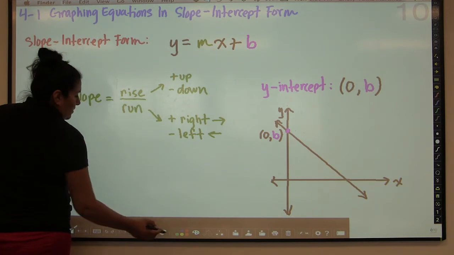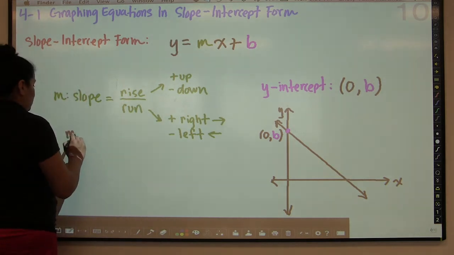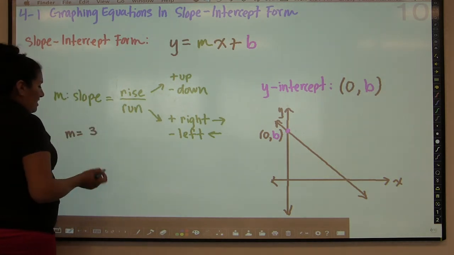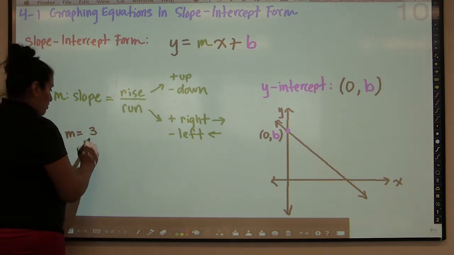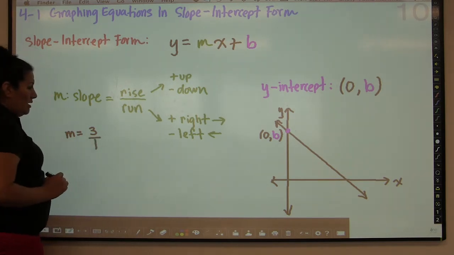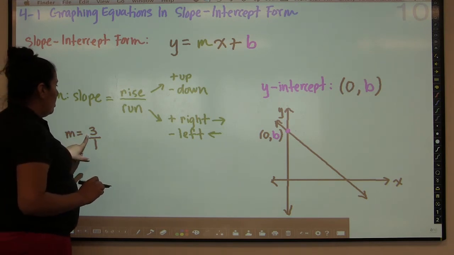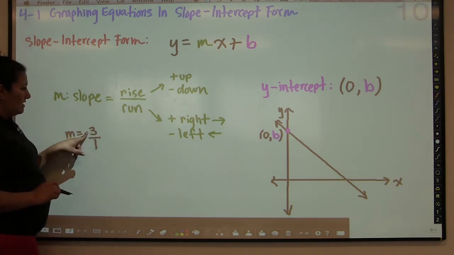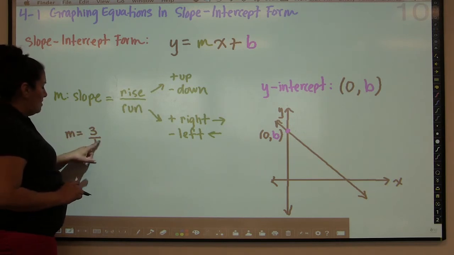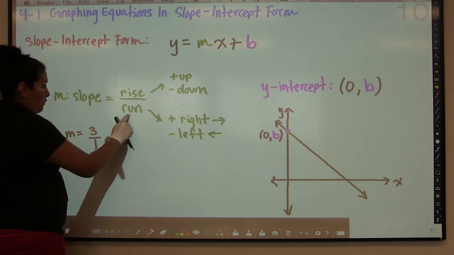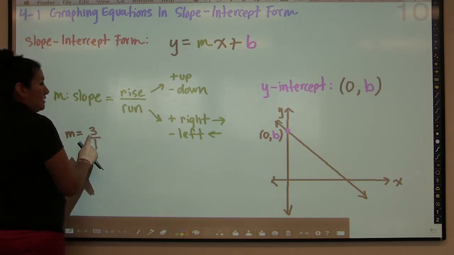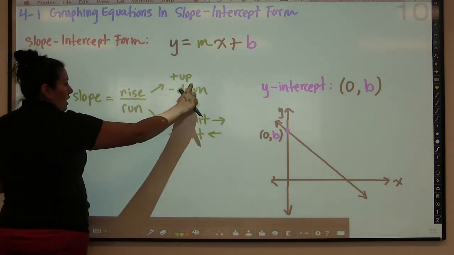For example, if I know that my slope is 3, then I can make that into a fraction by putting 3 over 1. Okay? So what I'm saying here is that the top number is in charge of the rise, and the bottom number is in charge of what we call the run. If the top number is positive, you go up.